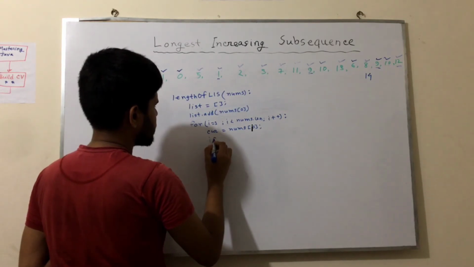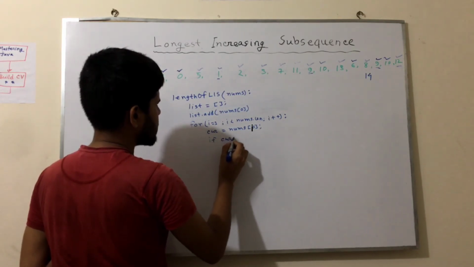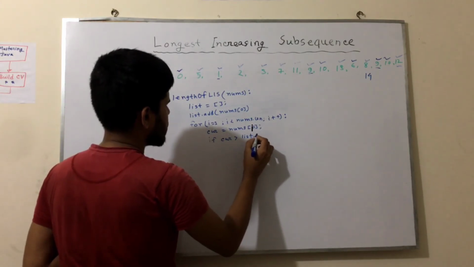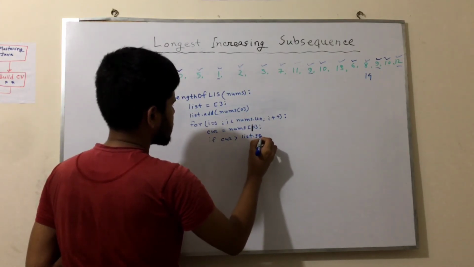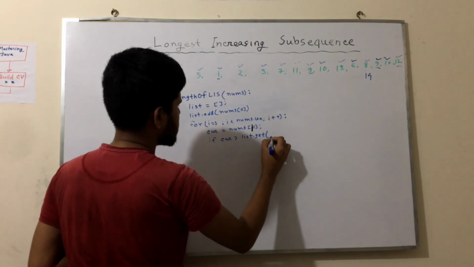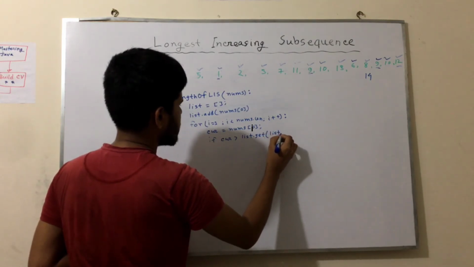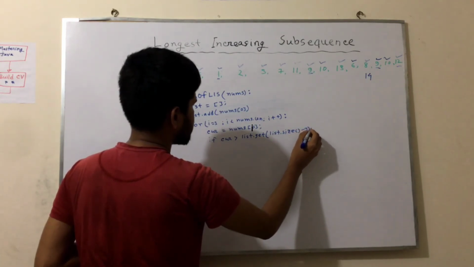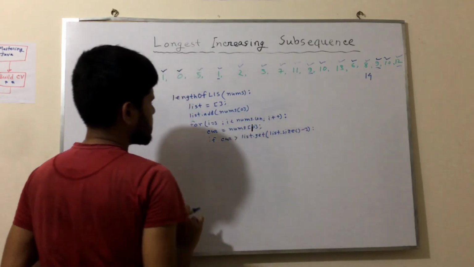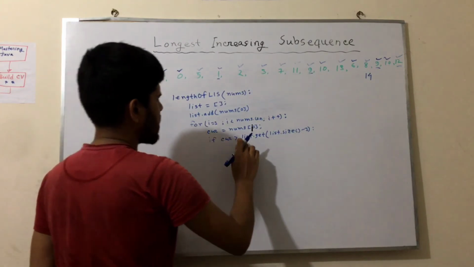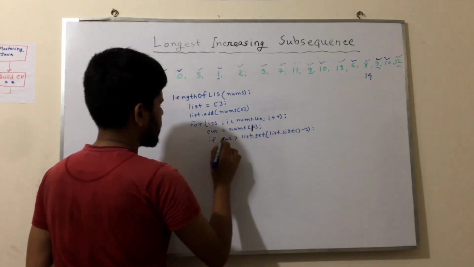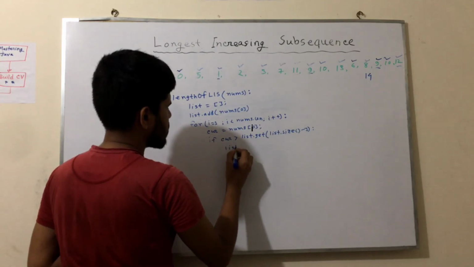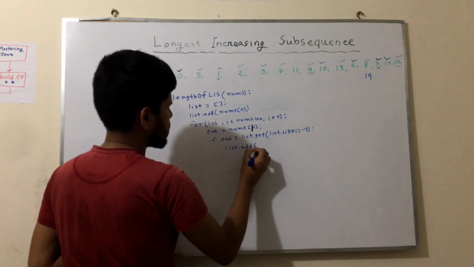If our current element is greater than the last element of the list, so list dot get the last element, we can get using list dot size minus 1. If the last element is less than our current, then we'll add the current to our list. So list dot add current.